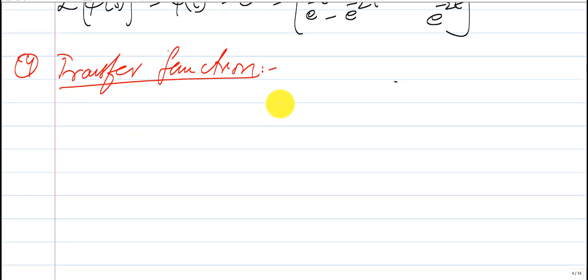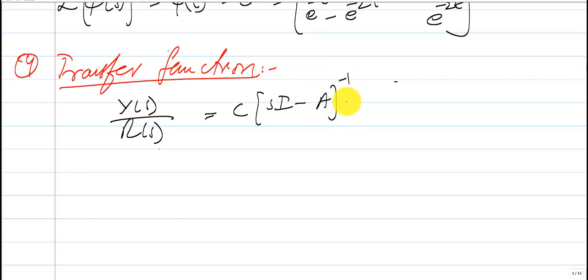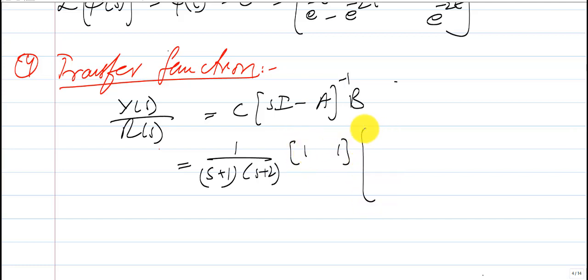The transfer function can be found easily with the relation y of s over r of s, which will be C times si minus A whole inverse times B. So that will be simply 1 over s plus 1 into s plus 2, where the C matrix is 1, 1, and then we have si minus A inverse, that is s plus 2, 0, 1, s plus 1, multiplied by the matrix B, that is 1, 0.